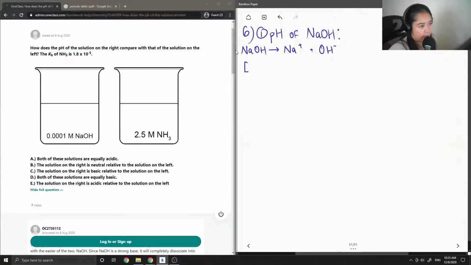So since the concentration of NaOH is given, it's equal to 0.0001 molar. This is the same concentration of our hydroxide ion, which is OH minus.